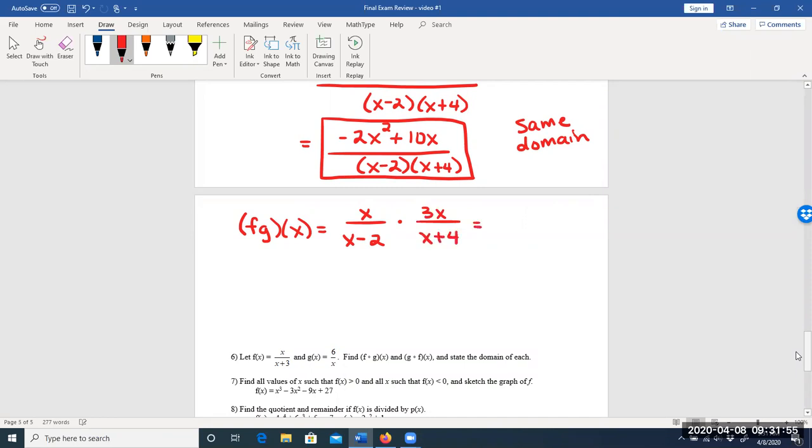We do not need a common denominator when multiplying. We just multiply the numerators together and we multiply the denominators. All right, so this is our answer. And it also has the same domain as the first two. So same domain.